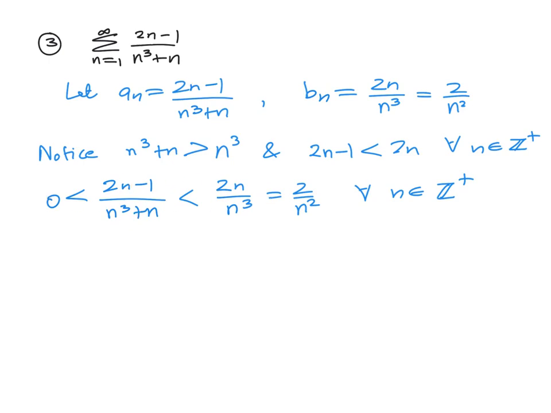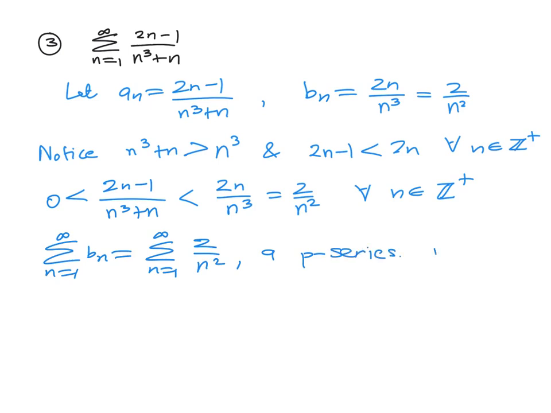Now I look at the convergence of the series. The sum from n equals 1 to infinity of b_n is the sum of 2 over n squared, a p-series with p equals 2, greater than 1. Therefore the sum of b_n converges.